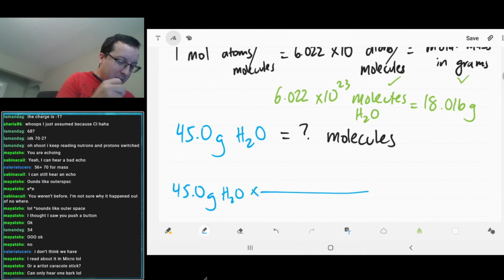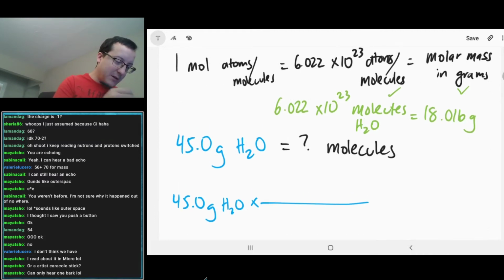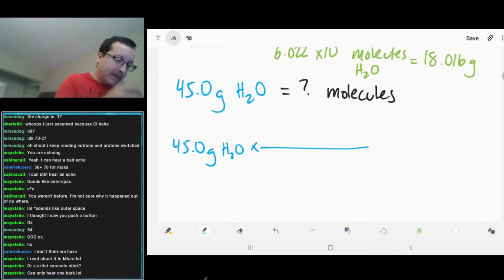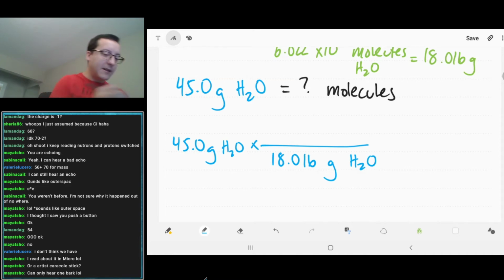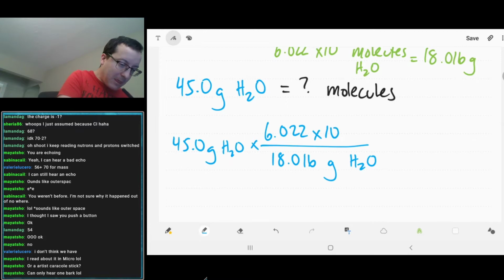Just like before, we're going to have to use our conversion factor such that the unit we don't want gets canceled out. In this case, we're going to cancel out grams. So we're going to put 18.016 grams of water. And we're going to then put our number of molecules on the top.